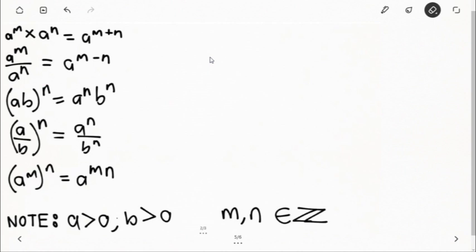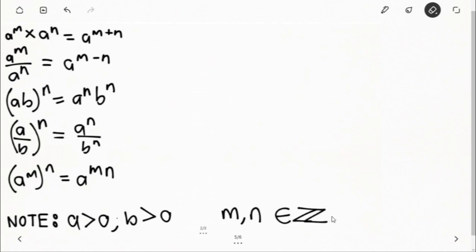As you can see here, a and b are the bases of the exponent, and the base of an exponent can never be 0, so it has to be greater than 0. And m and n have to be elements of the integers, meaning that they can be anything, positive or negative. They can also be 0 sometimes. So they can be anything. So that's the meaning of the statement here below.